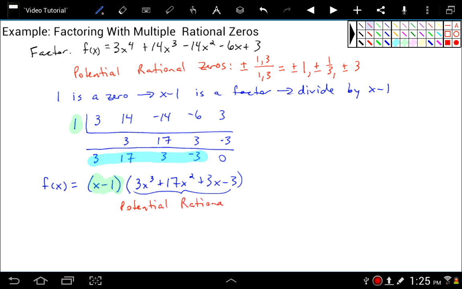Now something that's important when you have to use this idea more than once in a problem, because we already did potential rational zeros once: any zeros you've tried before that didn't work, you don't have to try them again because they will never work. Okay? So I'll make a note of that.